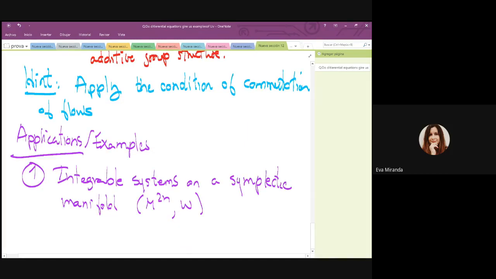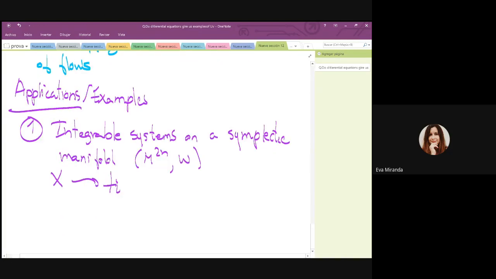Indeed, we associate these commuting vector fields to functions, and we have a way to do this, which is determined by Hamiltonian systems. Hamiltonian systems are a way to convert vector fields into functions and functions into vector fields, because we associate to a certain system the energy, and the energy is just a function.